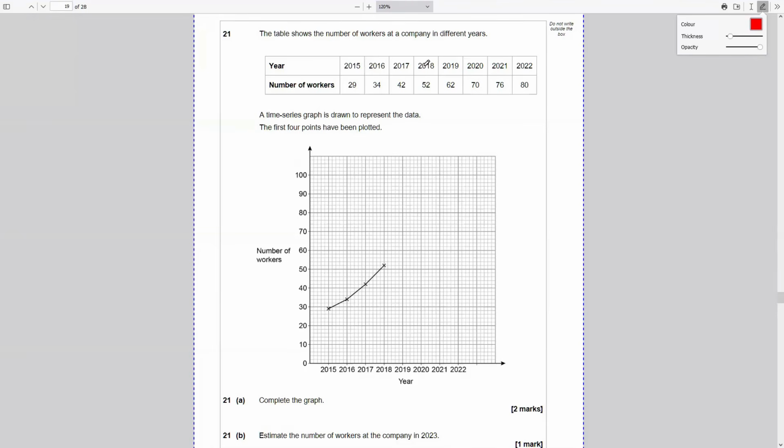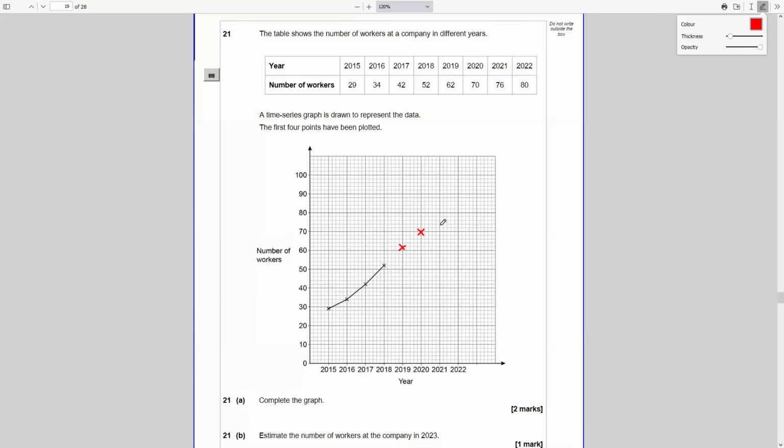So 2019 is 62. 2019, 62. Be careful of this. They're going up in twos on this grid. 2020 is 70. That's an easy one, isn't it? 2021 is 76.